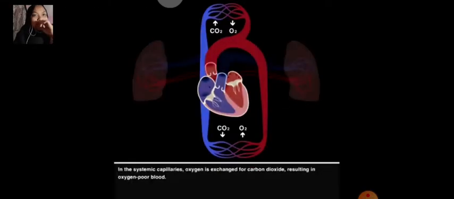Okay, first is systemic circulation. It starts with the left ventricle that pumps blood which contains oxygen, the red one, and delivers it to the aorta, then to the whole body by arteries until it reaches the capillary. In the capillary you can see the small branches here.